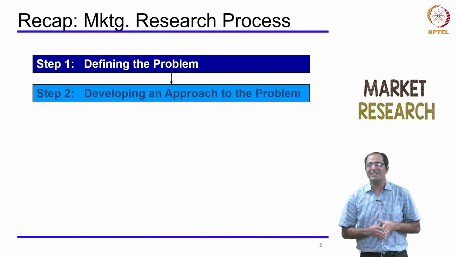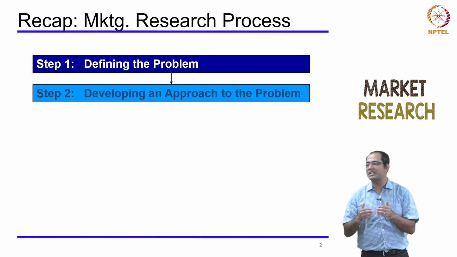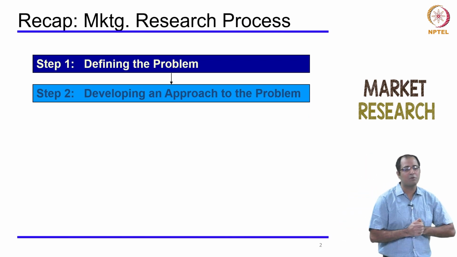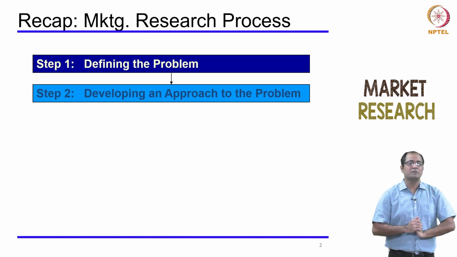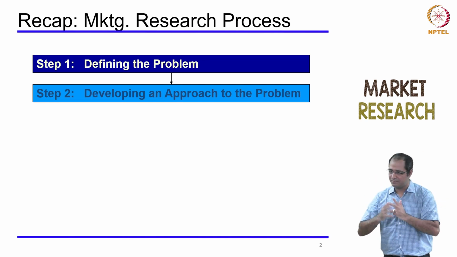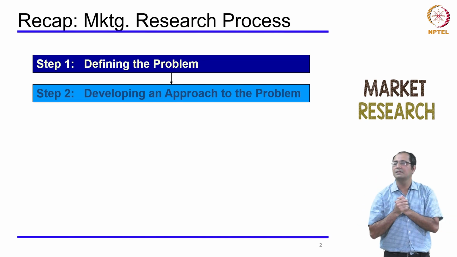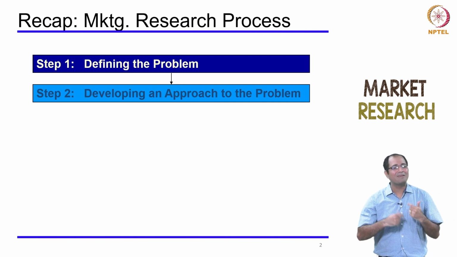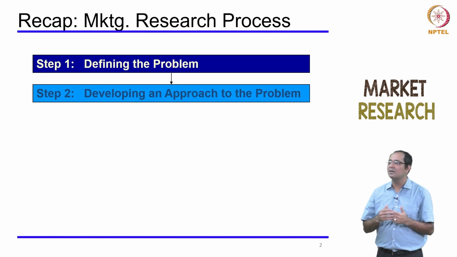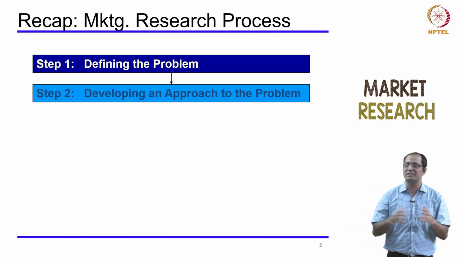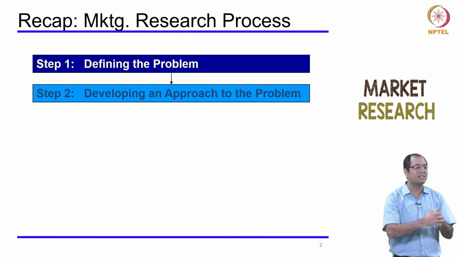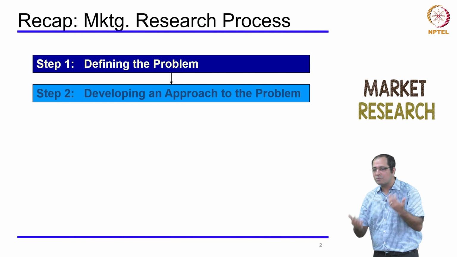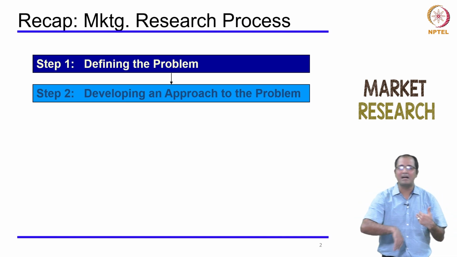So now we are going to look at the second step, which is developing an approach to the problem. Problem definition itself is very, very tough, which will come by practice. We will have many sessions that will talk about all the 4 research activities that we have to use to come to the marketing research problem from the management decision problem.